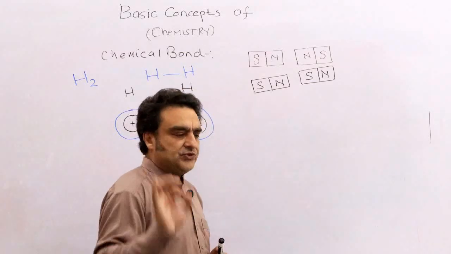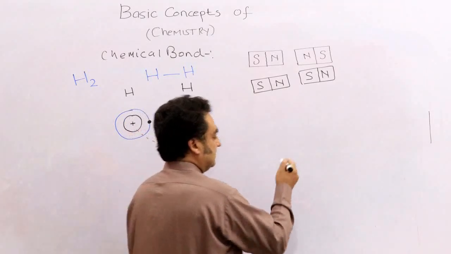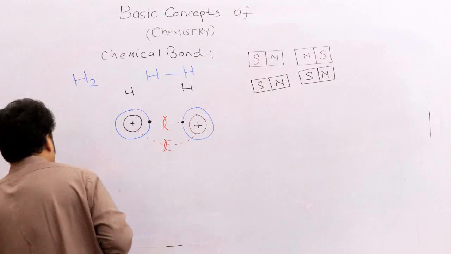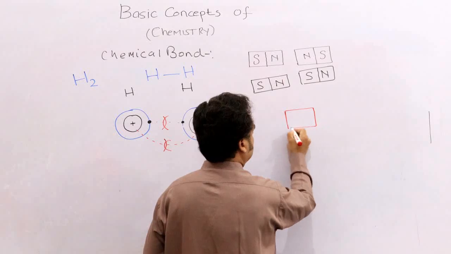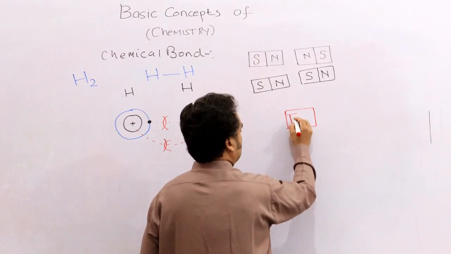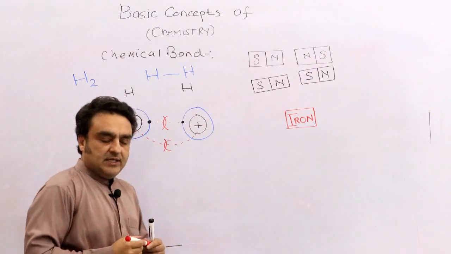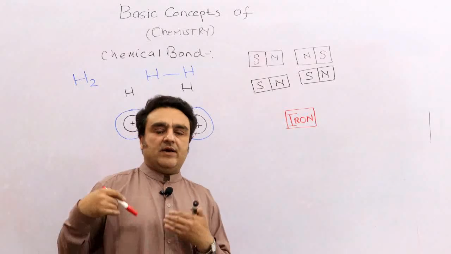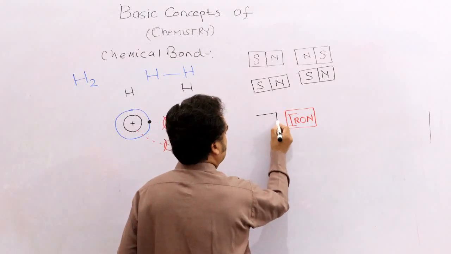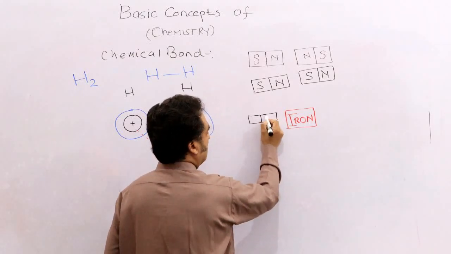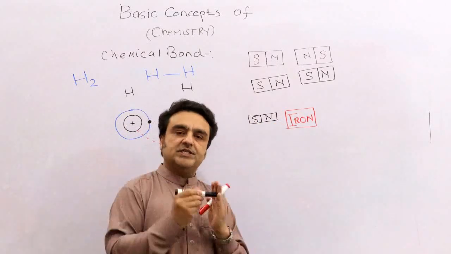Suppose you have some sort of iron bar. This is an iron bar, I-R-O-N, iron. You may have experienced that if you have a magnet with the north pole here and the south pole here, the iron attracts the magnet towards itself.